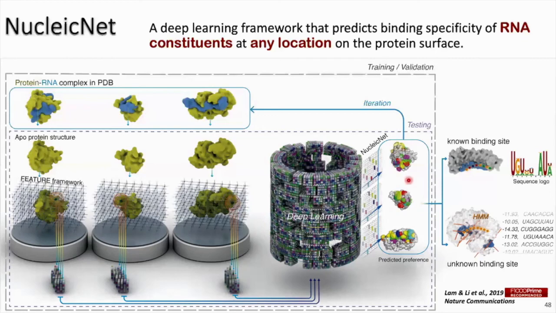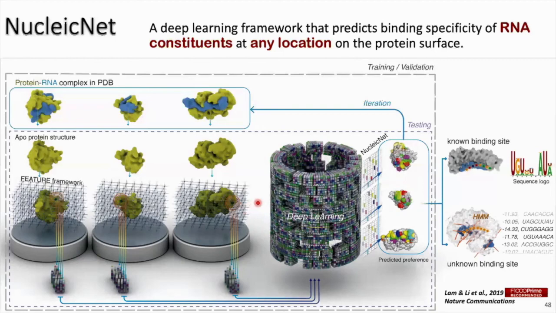Notice that this binding preference landscape against the different RNA chemical groups can already provide us with the interaction details. First of all, it can tell us which grid points can be the binding sites. And then if they are the binding sites, through which chemical groups they can interact with the RNA.